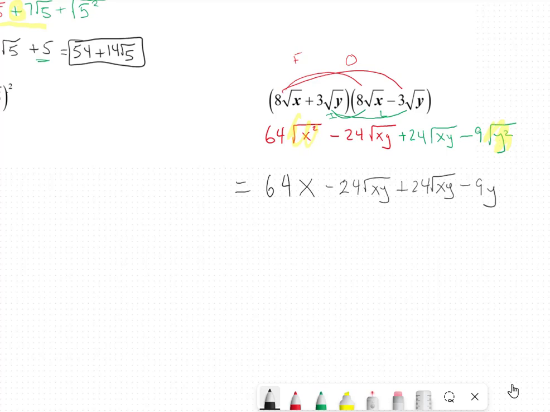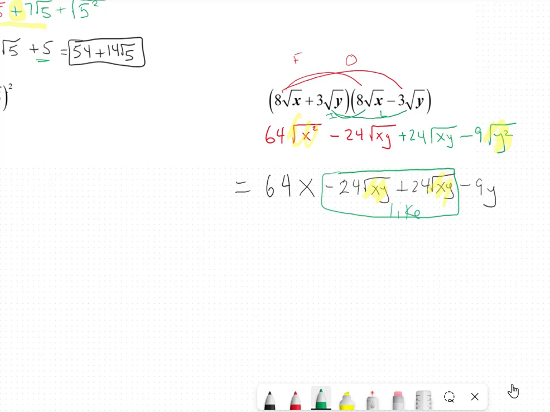Okay, now notice in the middle, square root of xy and square root of xy. These are like radicals. We can combine them. So when we combine them, what do we get? Well, it's like take away 24 bananas and add 24 bananas.